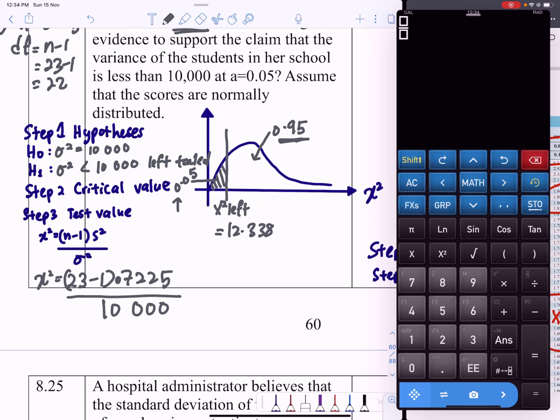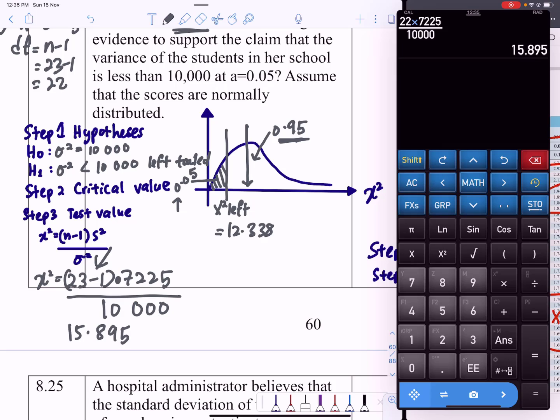We have 22 times 7225. Kenapa 22? Ni 23 minus 1, 22 lah. Divide by 10,000. 15.895.